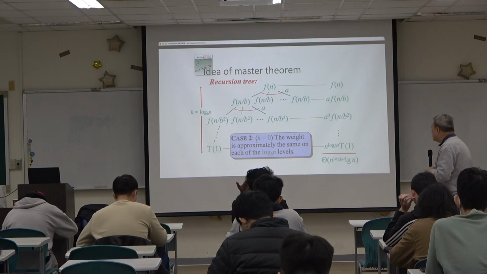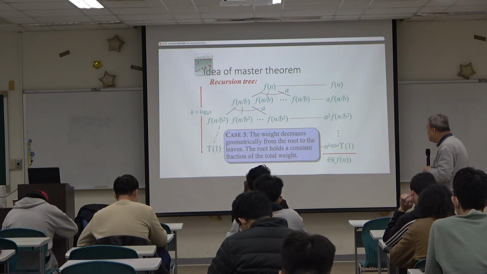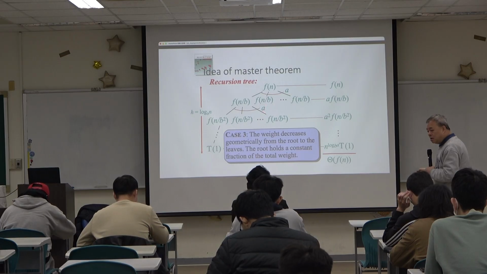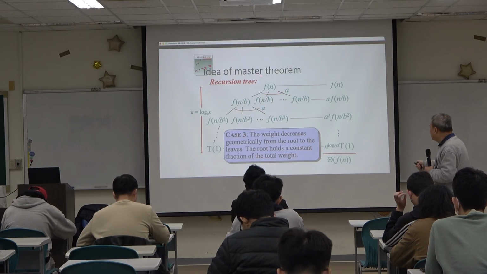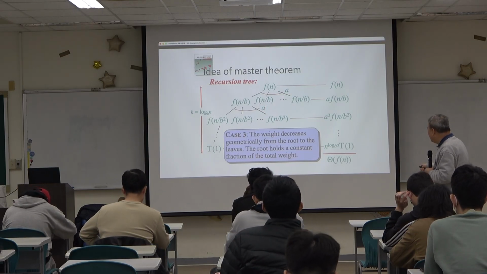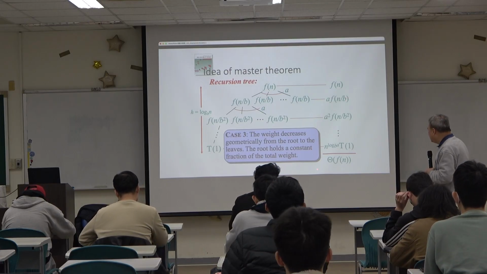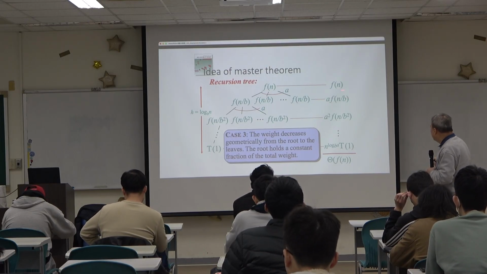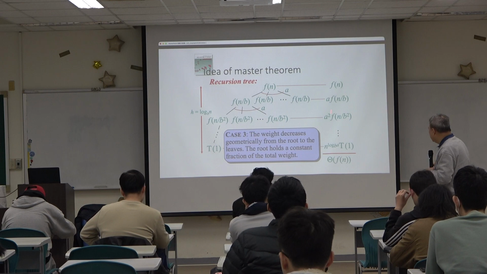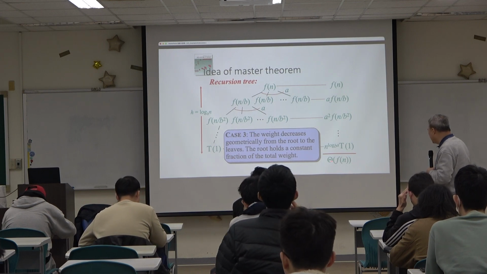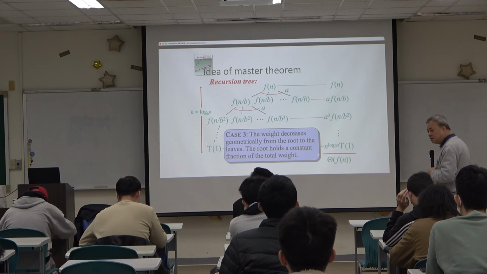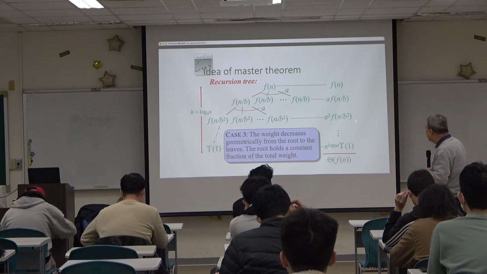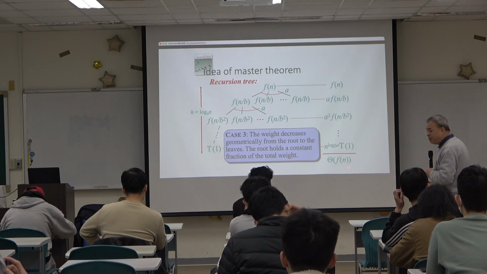Case 3, the dominating term happens at the root. So you just need to consider this element. The other terms, even when you add them up, are bounded by n.